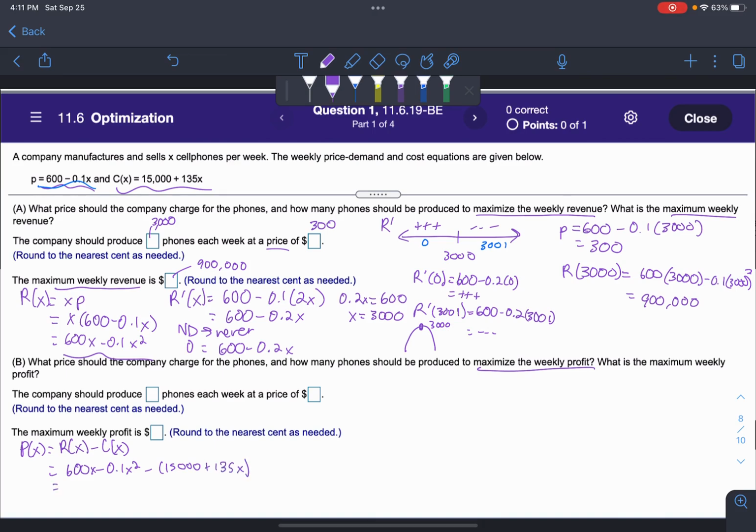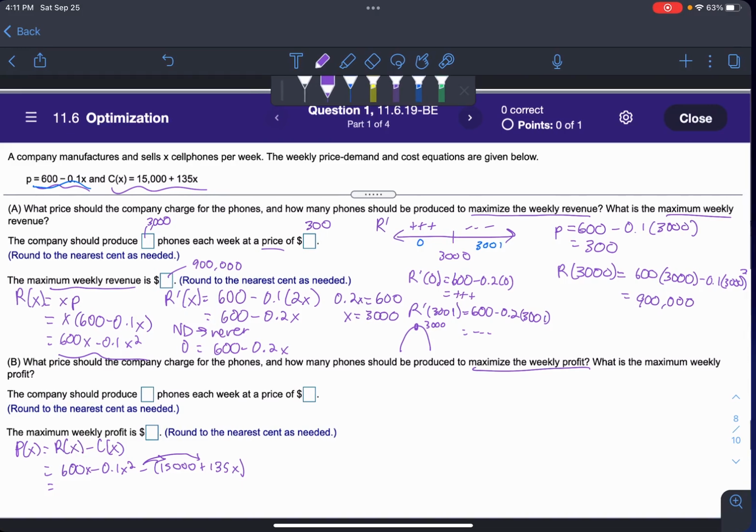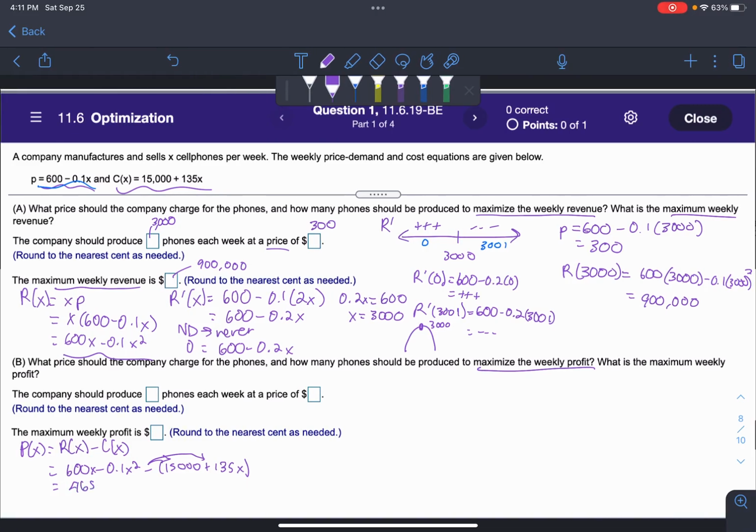So you can combine it a little, multiply this negative through, and so we get 600 minus 135x, which comes to 465x minus 0.1x squared minus 15,000, right?